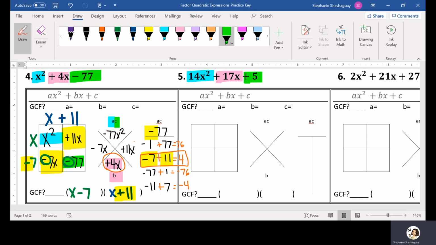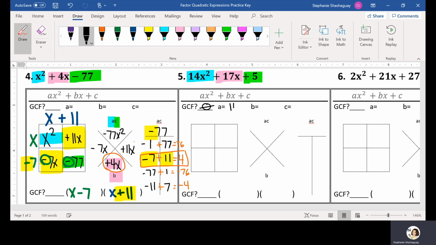This is the first time we have an A term that's greater than 1. So is there a number that you can divide into 14, 17, and 5 and end up with a whole number? No, not in this example. So there is not a GCF for this example.